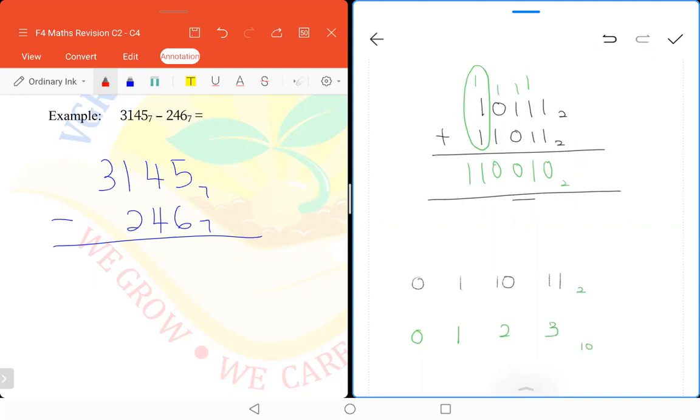This is in base 2. So when you add up, 1 plus 1 is 2, then you refer. It's 10, then you write 10. Then 1 plus 1 plus 1 is 3 in base 10. Then you write 11 in base 2. Then you won't feel confused. Just refer to the table. You can do a small table, draft at the side for your own use.